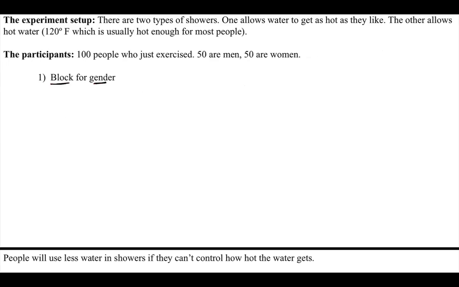So in this case, they're only going to compare the females with the females, the female treatment groups and the female control groups, and the males are only going to compare with the males. We're not mixing genders in this one. That's what that means. Okay. So we got 50 and 50.